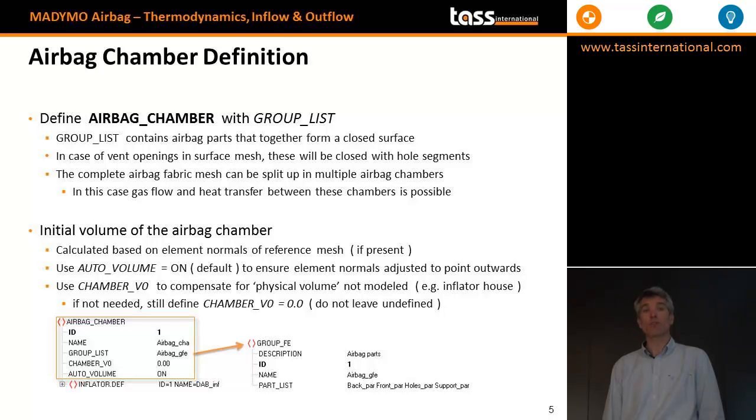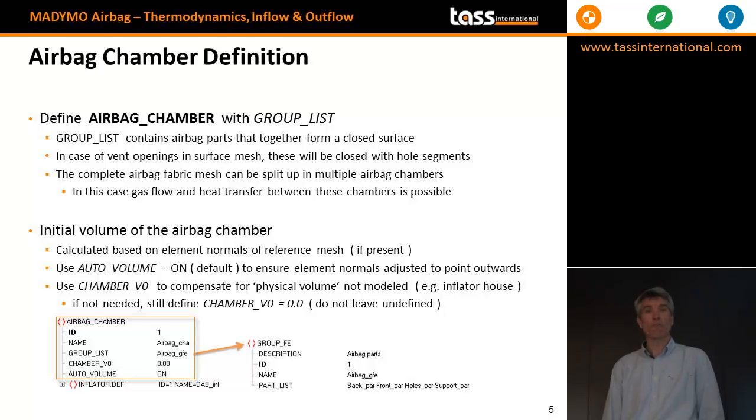Those can be defined in two ways. They will be addressed later on. You can define holes under the airbag chamber, and then MADYMO will close them automatically. The other way, probably more flexible, is by defining them by parts. But as said, this will be addressed later on in more detail.